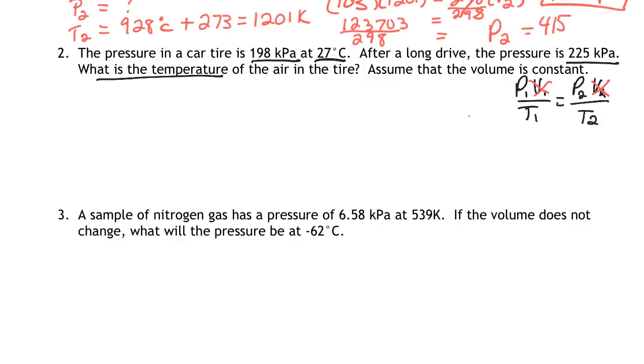So let's go ahead and just plug these numbers in. So P1 is 198 kilopascals. Temperature 1 is 27 degrees Celsius plus 273.